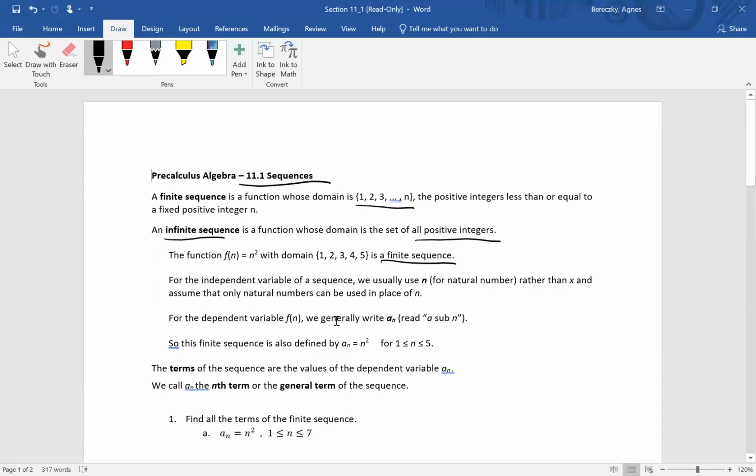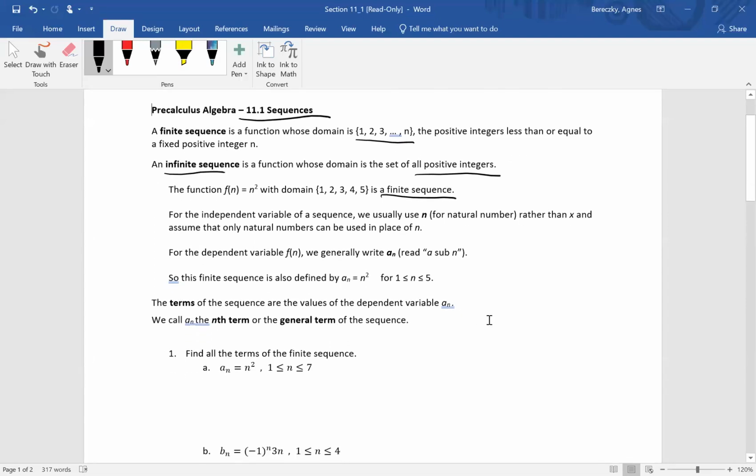The function f of n equals n squared with the domain 1, 2, 3, 4, 5 is a finite sequence. For the independent variable of a sequence, we usually use n instead of x and assume that only natural numbers can be used in place of n. For the dependent variable f of n, we generally write a sub n, read "a sub n." So this finite sequence is also defined by a sub n equals n squared, where n is between 1 and 5.